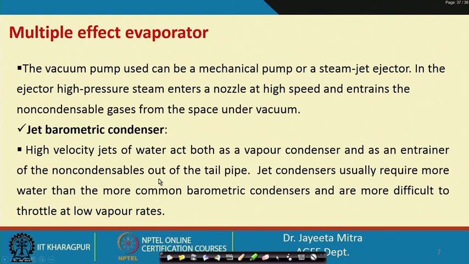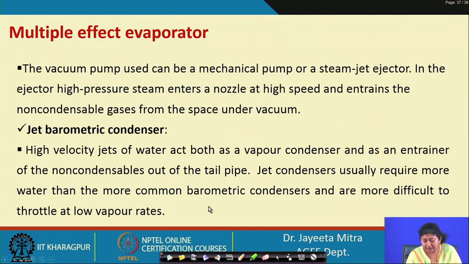The jet barometric condenser is another type of condenser, where high velocity jets of water act both as vapor condenser and as an entrainer of the non-condensable gases out of the tailpipe. So, jet condensers usually require more water than the more common barometric condensers and are more difficult to throttle at low vapor rates.